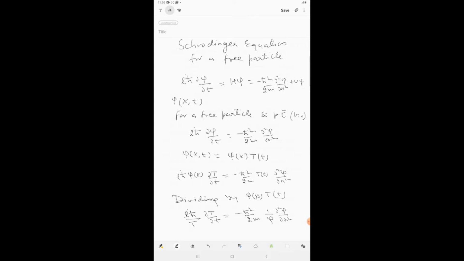Let us say these two equations are separately equal to a constant, and that constant, let's say E, or we can just write it p² by 2m, which is the kinetic energy, and it's simply a number.